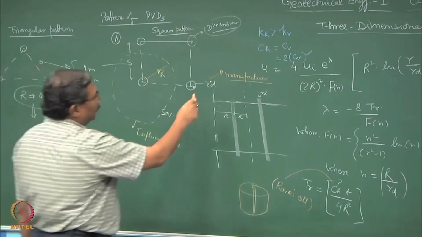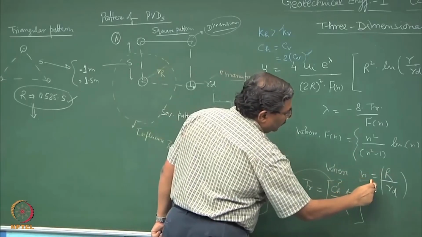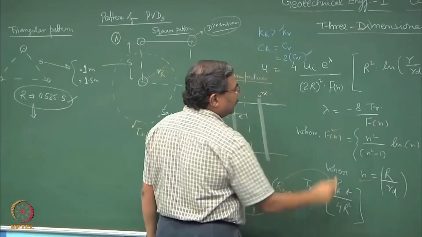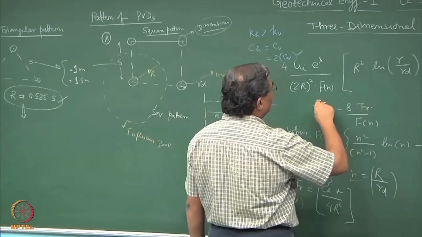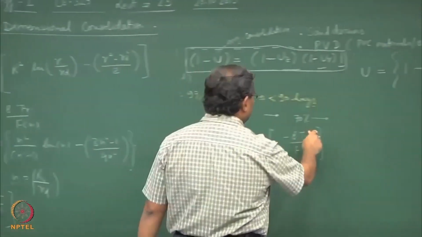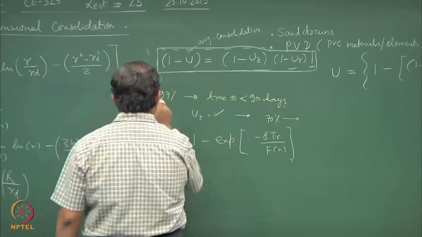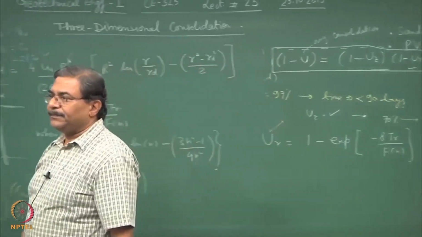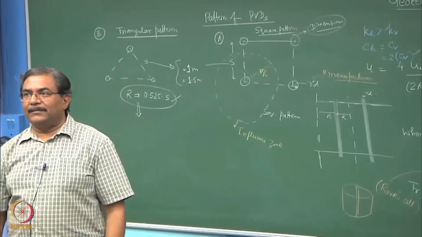So, if Rd is known, R is known, n is known, I can substitute in this, Fn is known, Tr is known, lambda is known. I can use this expression, Tr is known, Fn is known, Ur is known. This is how it is done.